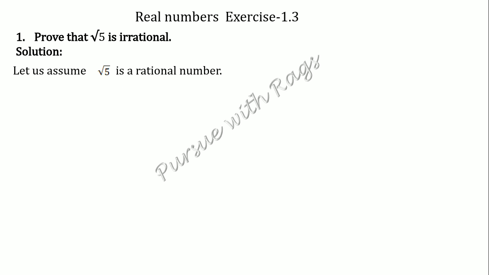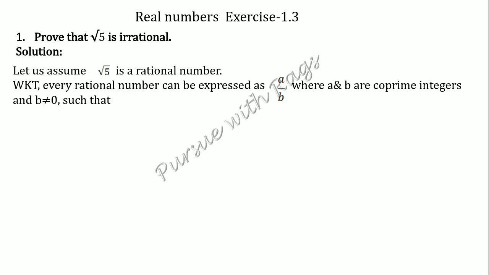As we know the definition of a rational number, every rational number can be written in the format P by Q. Similarly, here this root 5 is a rational number which we have assumed, so it can be written in the format P by Q. Here I have taken the integers A by B, root 5 equal to A by B instead of P by Q. Why?